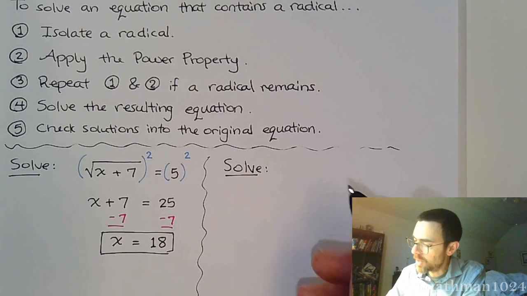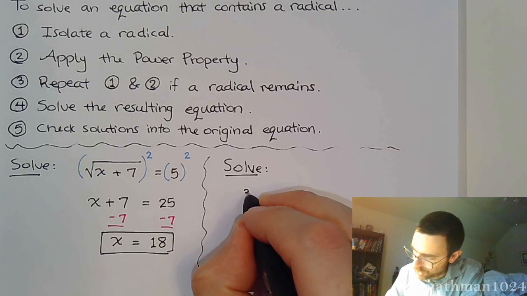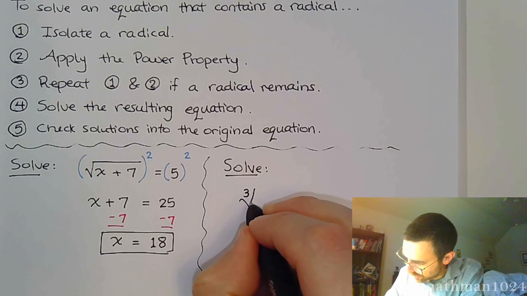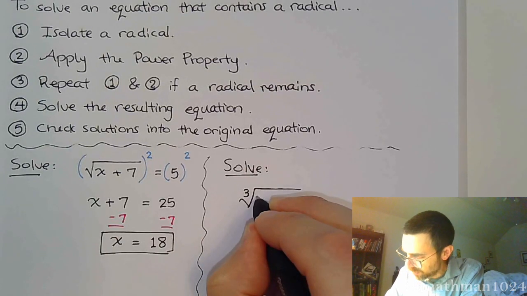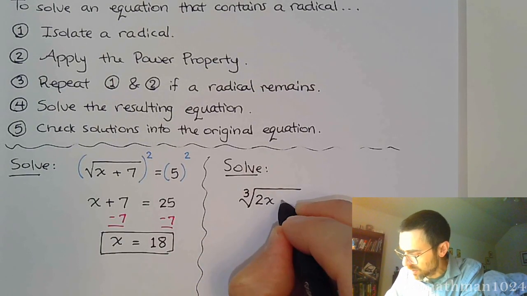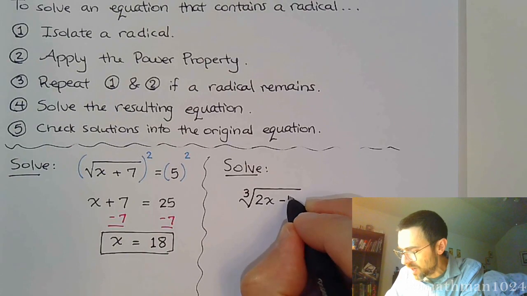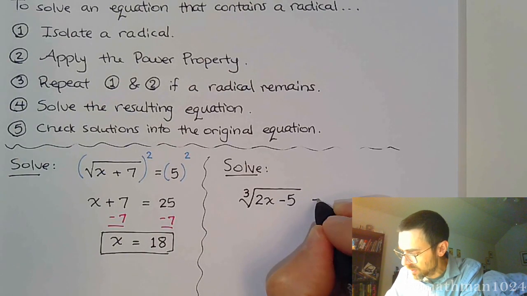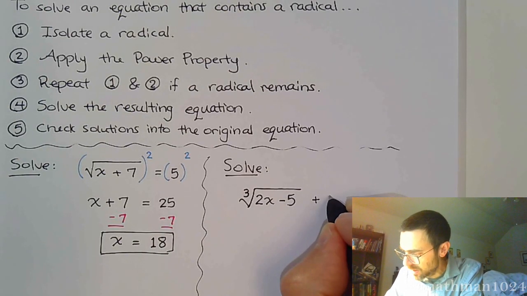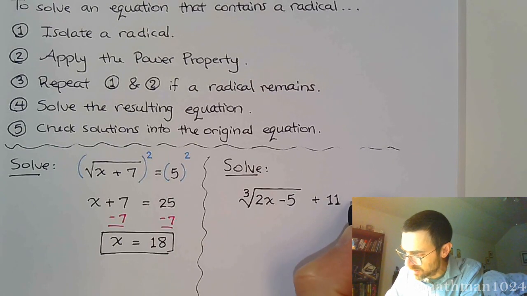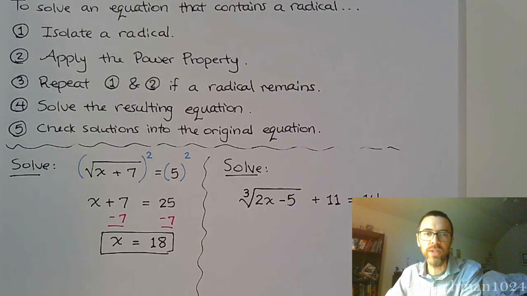Let's do another problem here. Let's try the cube root of 2x minus 5 plus 11 equals 14.